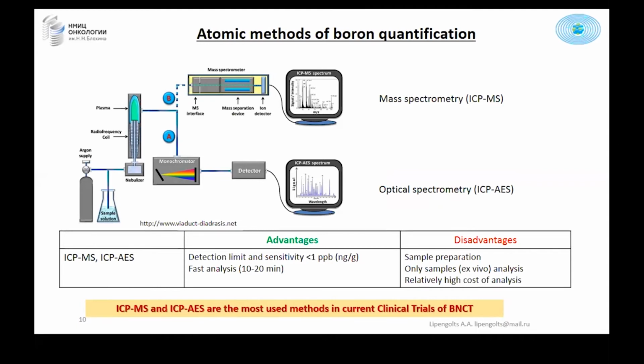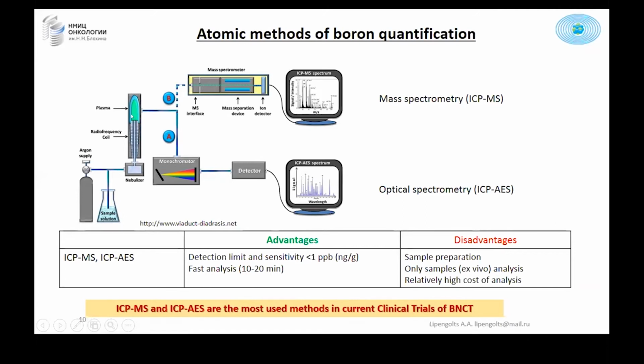The sample, which contains boron and other elements, is injected into a plasma torch. And then there are two opportunities. These ionized atoms are delivered to a mass spectrometer, and we get a spectrum by mass-to-charge ratio.